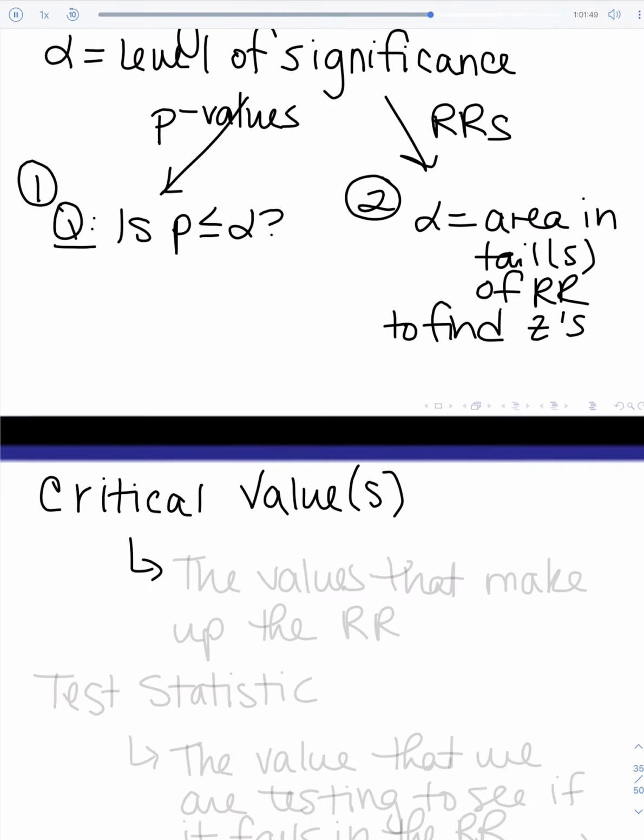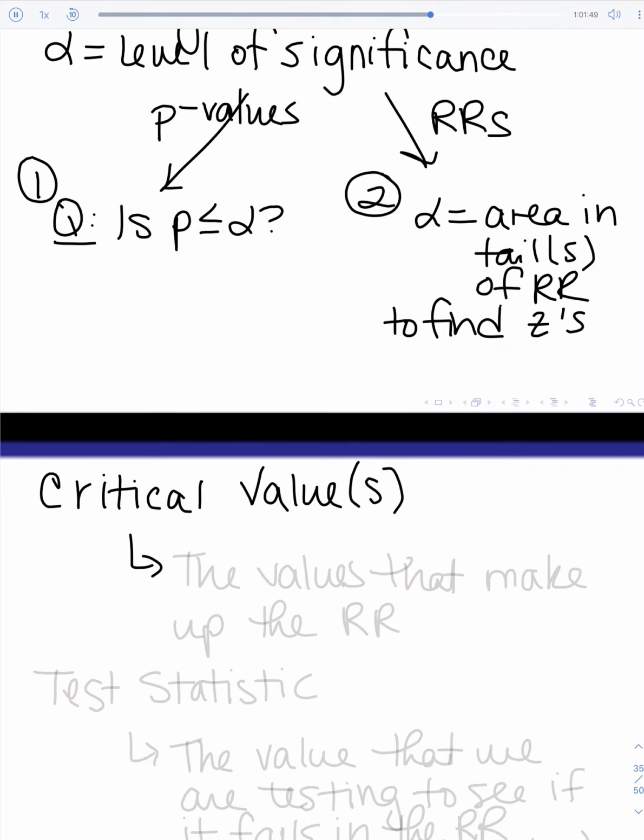These are, for right now, the values that make up the rejection region.